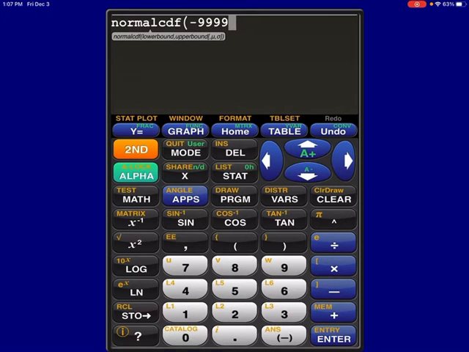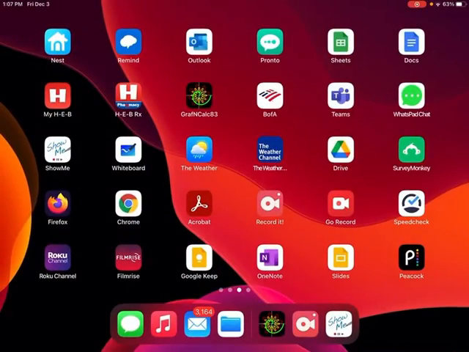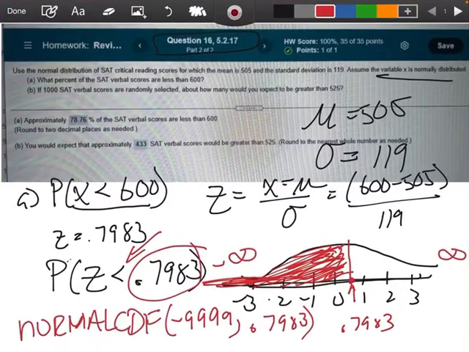I'm going to clear this out. I'm going to go second vars, normal CDF, negative 9999, comma, 0.7983. And I'm coming up with 0.7876. Okay, 0.7876. So I'm going to write that number in blue, right here, 0.7876.